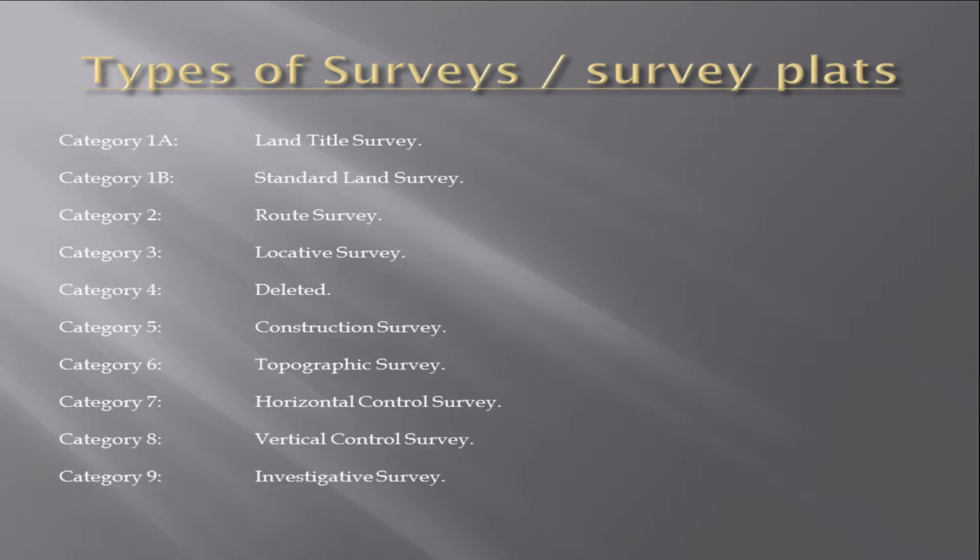I've got a number of PDFs, and a classic topo has dashed lines to show decreasing or increasing elevations, and it can be very confusing. It's a lot of data. Sometimes a topo is laid on top of perhaps a land title survey or an ALTA survey, but sometimes you need the information. Category 7 is called a horizontal control survey.